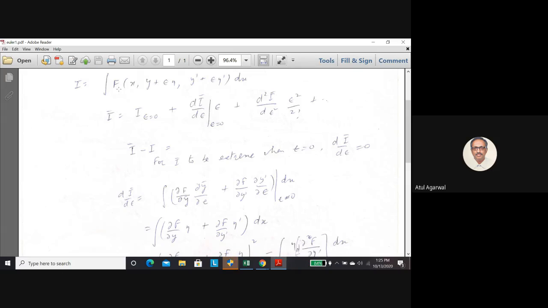You take the derivative with y, into the derivative of y with epsilon, plus the derivative of f with y prime, into the derivative of y prime with epsilon.